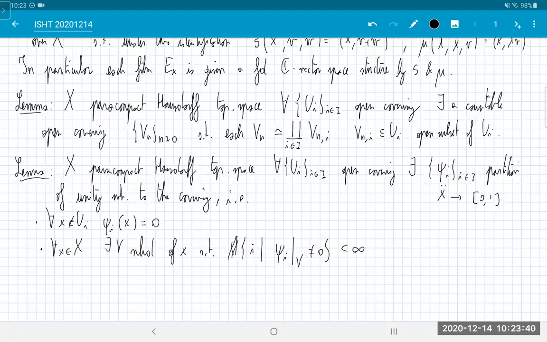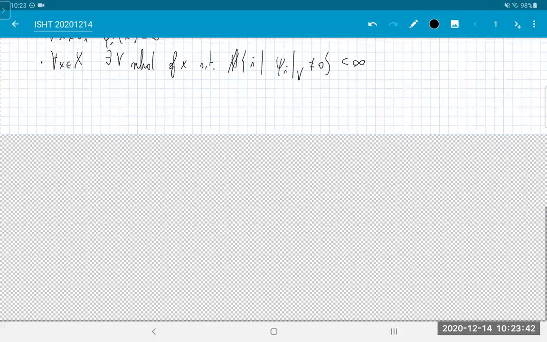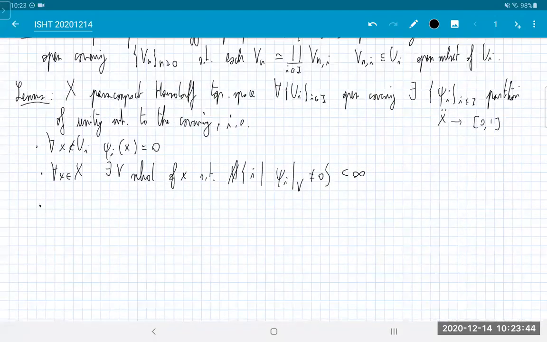So in the neighborhood, only finitely many of these psi_i are non-zero. And the sum of the psi_i, which makes sense because every point has a neighborhood where it's only a finite sum, is 1.